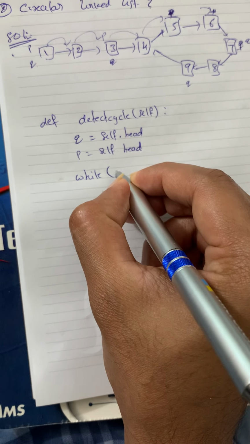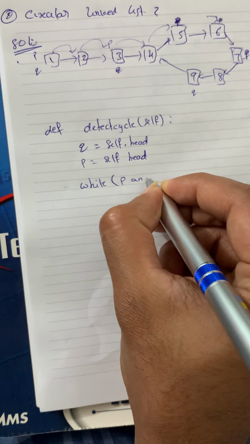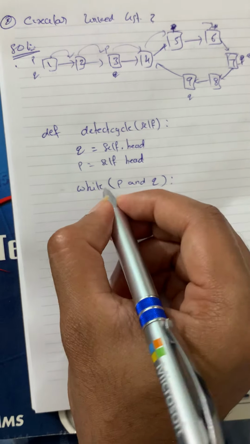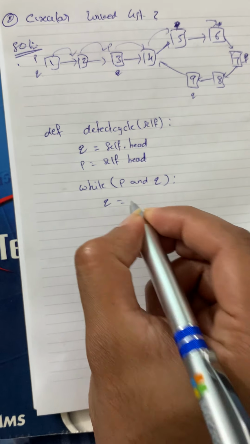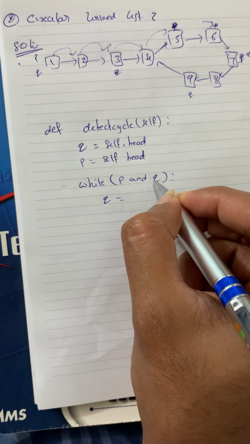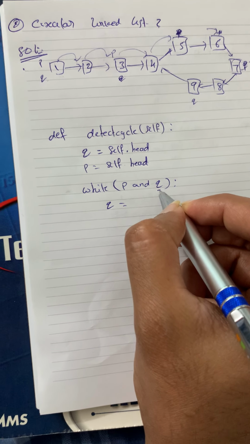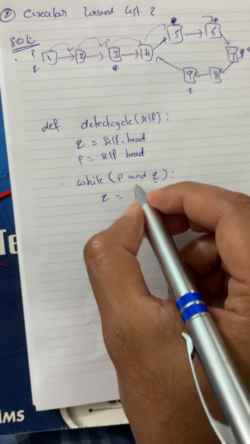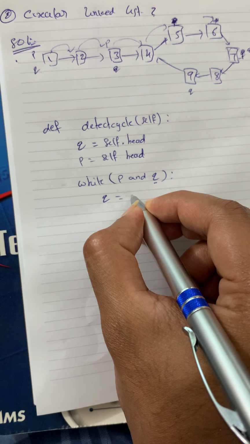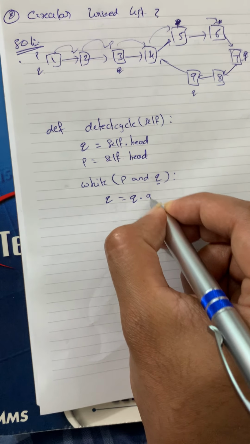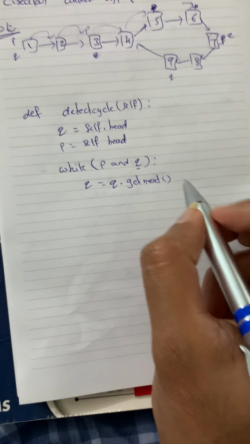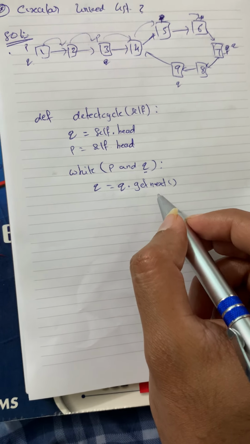So while p and q, now we increment. We move q one pointer, which is now set to q dot get next. get next is the function which is developed inside the linked list.